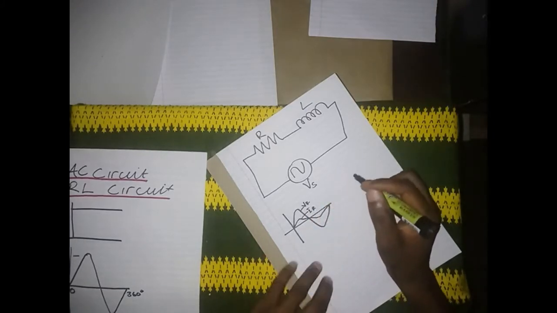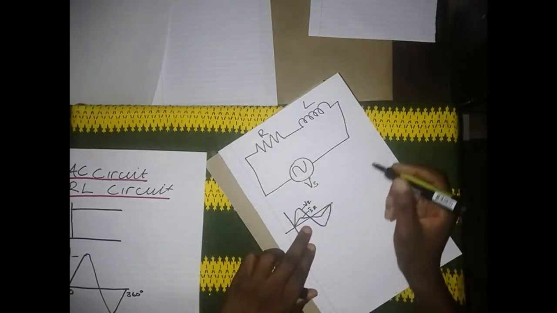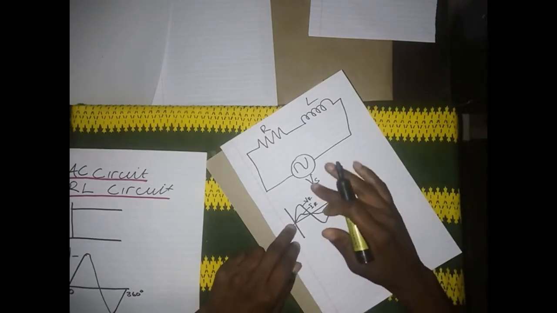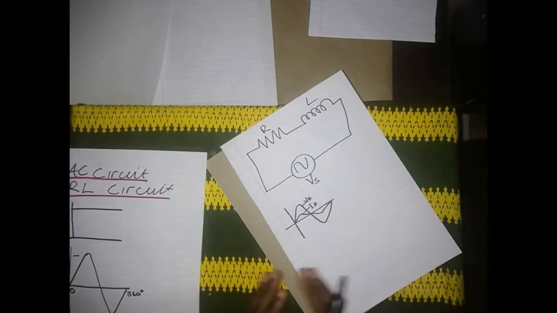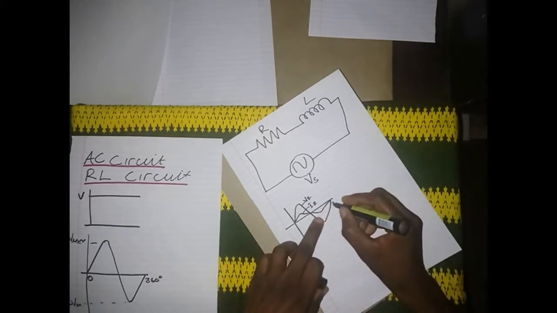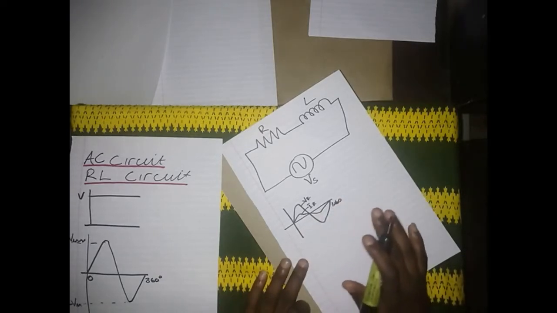What does this mean? This means that the voltage will finish one cycle in the same time as the current. One cycle is 360 degrees, and they finish it in the same time. There is no difference between them.